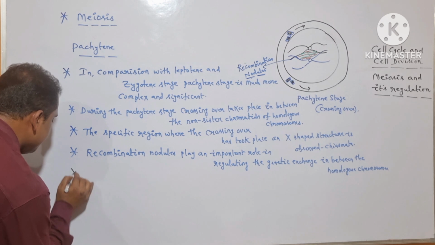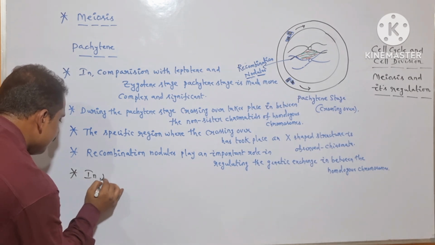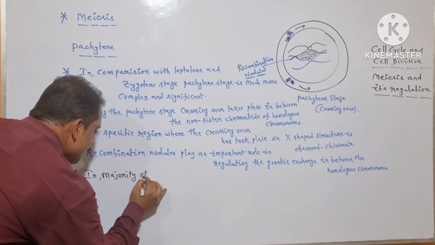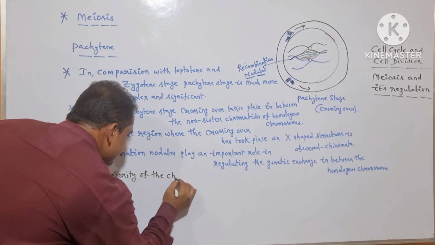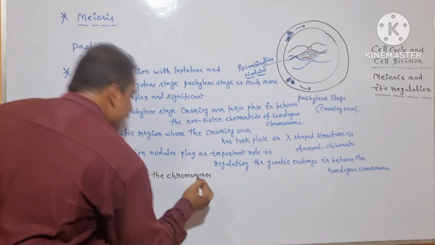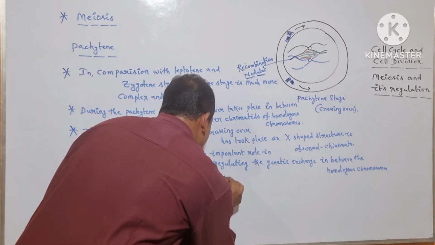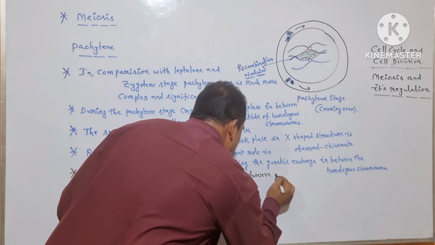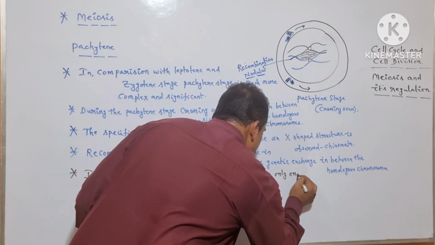In majority of the chromosomes, we can observe only one chiasmata.